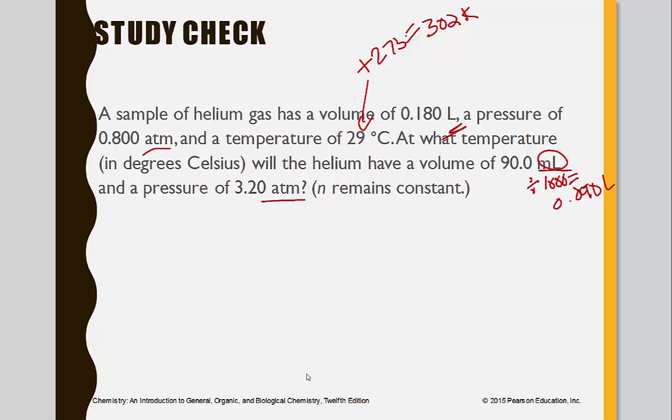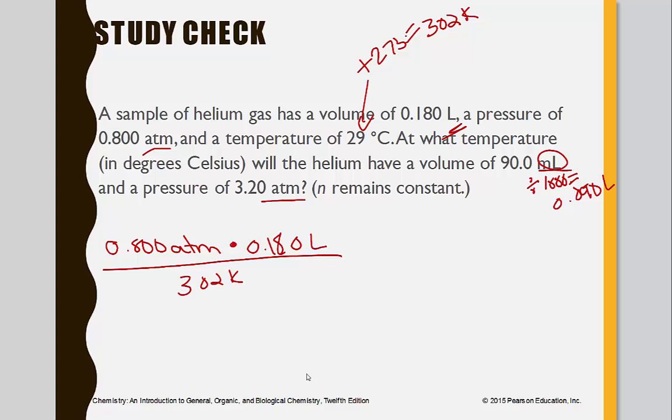All right, so let's go ahead and put this in the equation. 0.800 atmospheres times 0.180 liters over 302 kelvins is equal to 3.20 atmospheres times 0.090 liters over X. We're going to cross multiply.